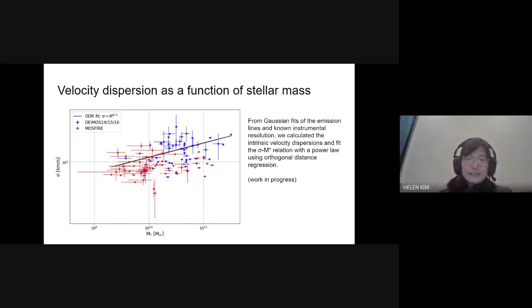And we find that the velocity dispersion is proportional to the stellar mass to the 0.2 power, which is less steep than the relationship for quiescent galaxies found by Zahid et al. But this result is still preliminary, and we're still going to include the 2011 data.